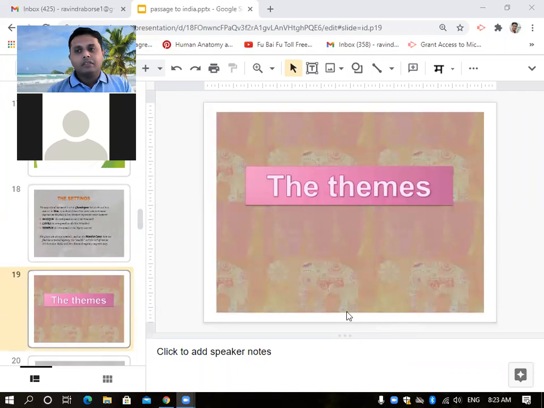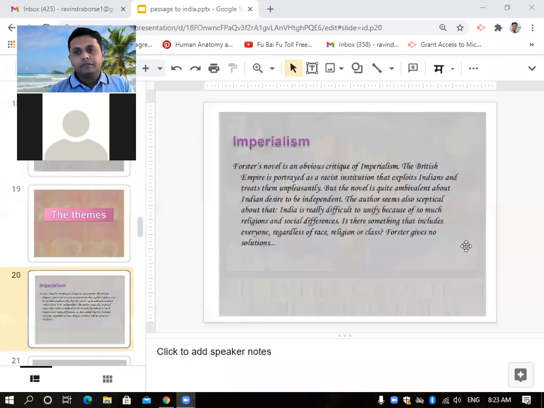So let's move towards the themes, the main issues in the present novel. The first thing is imperialism, right? It is called Samrajyavad in Marathi. So the present novel indicates imperialism, the imperialism of the British people. As I told you, the British came to India for business purposes, but later on they became the rulers over here, and they transformed India into a colony of the British Empire, right?